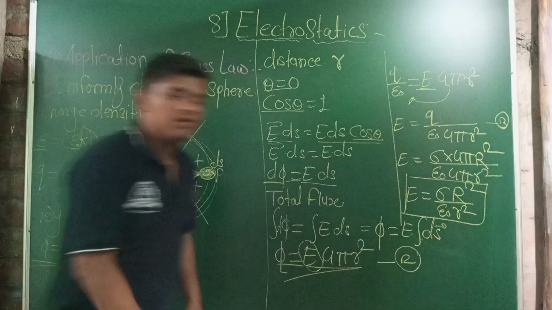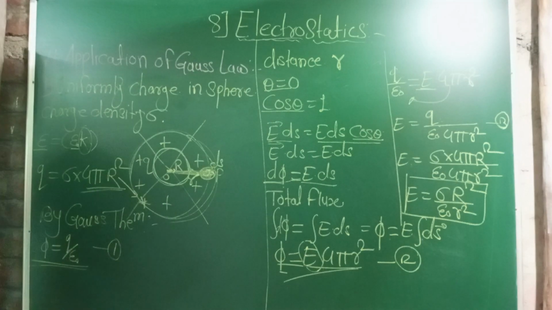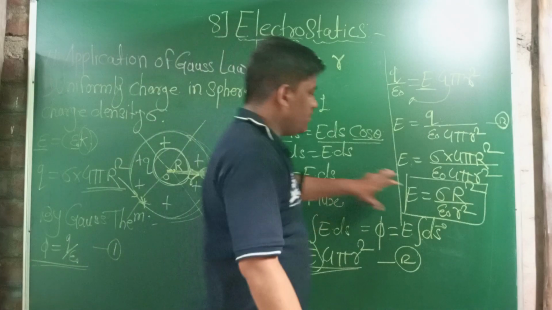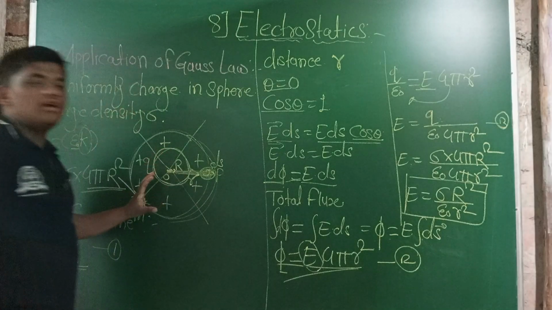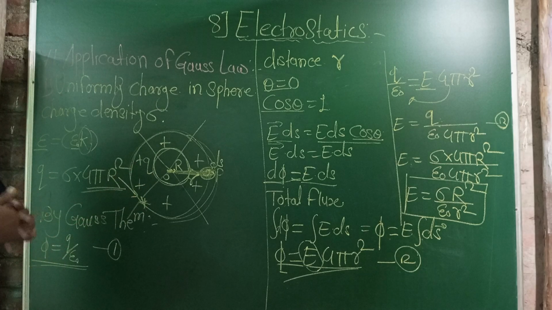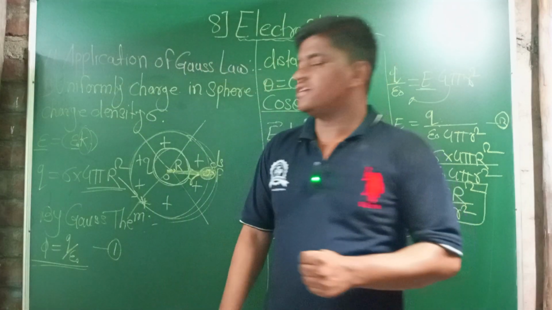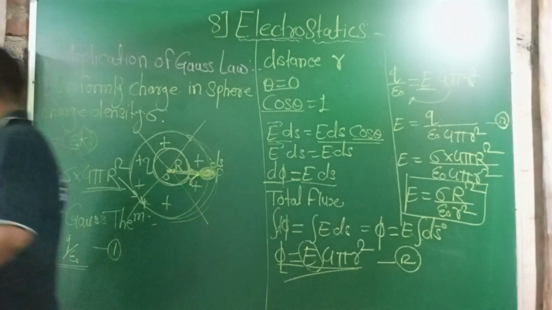This is the electric field intensity in the closed surface on the sphere which is uniformly charged. This is the first application of Gauss law. Some special cases we will discuss in the next lectures.